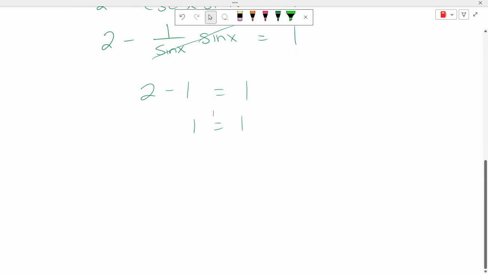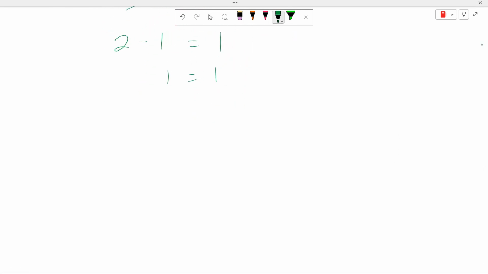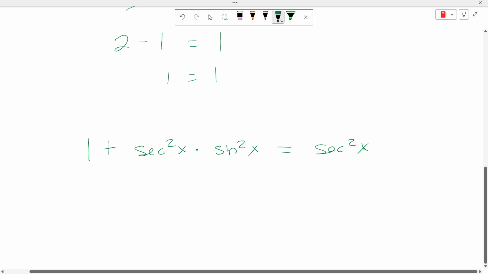So let's do another one. Let's do 1 plus secant squared of x times sine squared of x equals secant squared of x. 1 plus secant squared of x times sine squared of x equals secant squared of x.